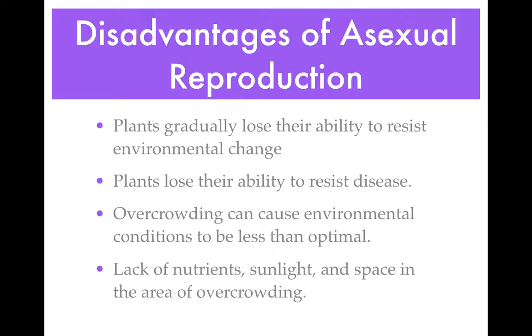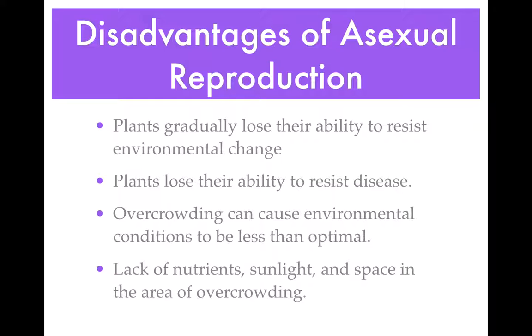So while there are many advantages of asexual reproduction, there are also disadvantages. Plants gradually lose their ability to resist environmental change. So once the environment changes, they may not be so well suited to the new environment, and they might not survive.